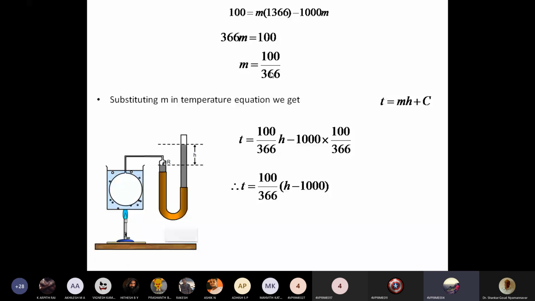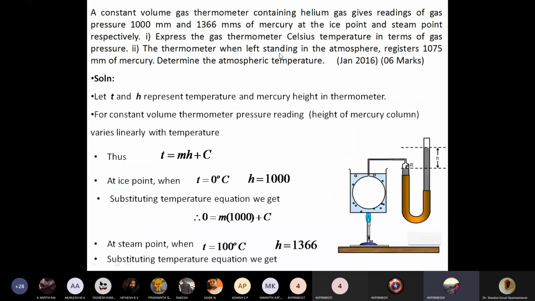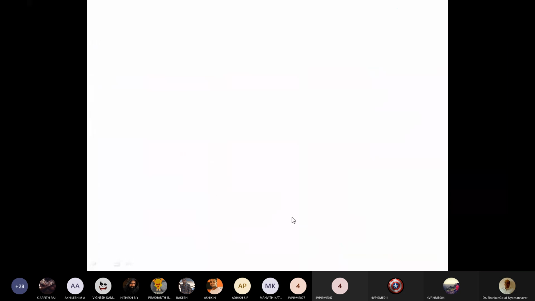So substituting these values in the equation, I get T = 100 by 366 into H minus 1000 into C. What is the C value? C is equal to minus 1000 M, and that we are substituting here.